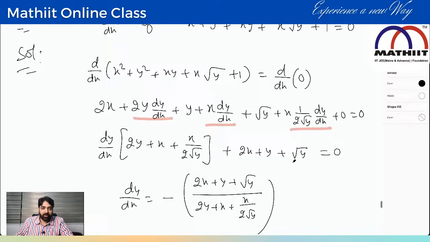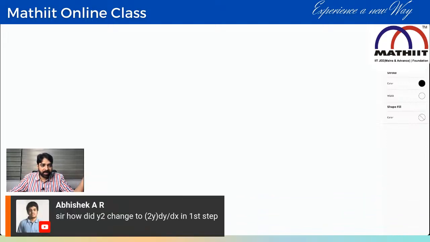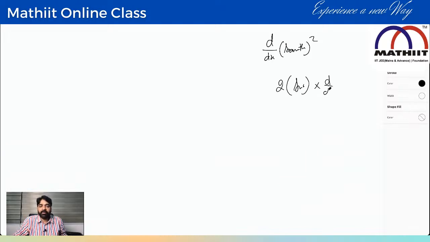Somebody is asking one doubt. Please let me clear that first. Abhishek is asking one doubt. Abhishek, if I say d by dx of something square, what will you say? 2 into something, into the differentiation of something, or not?